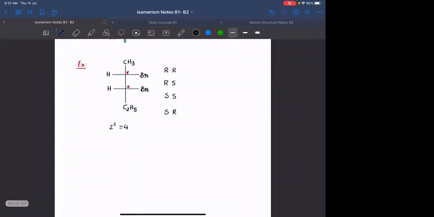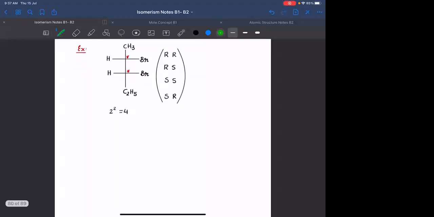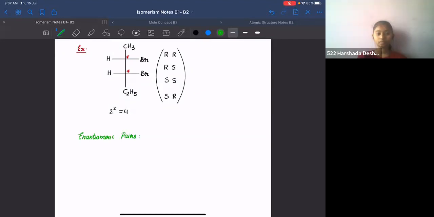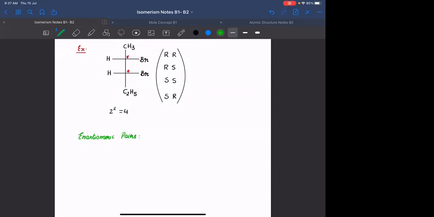Okay. Among all these compounds, you have in total how many? 4 different compounds. Among these compounds, tell me the enantiomeric pairs: RR, SS.